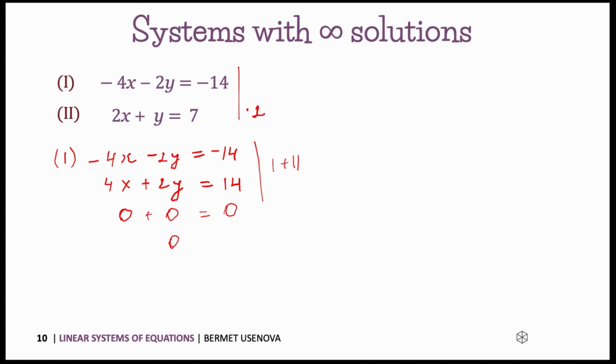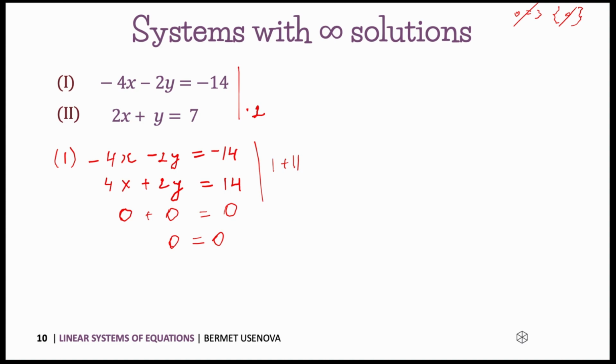So, interesting. We have 0. If you remember, in the previous example we had 0 equals 3, which means the solution set is empty. But here, both sides are equal, and both sides are equal to 0. What does it mean?